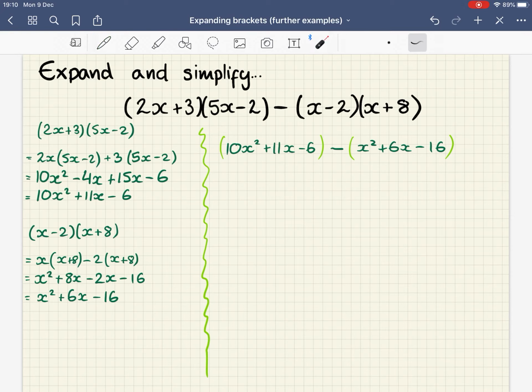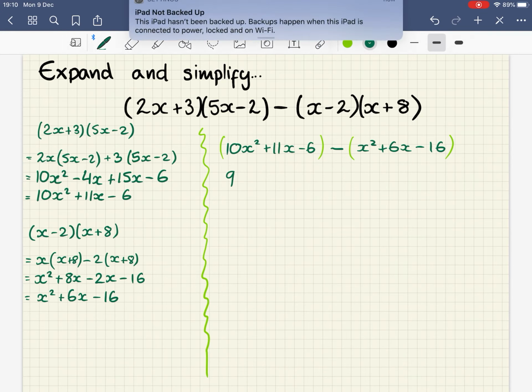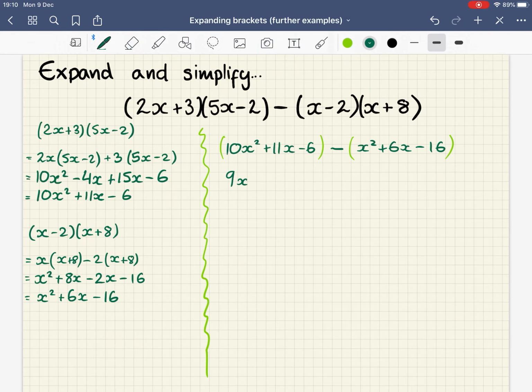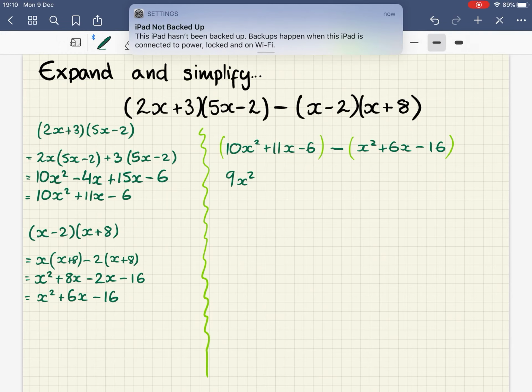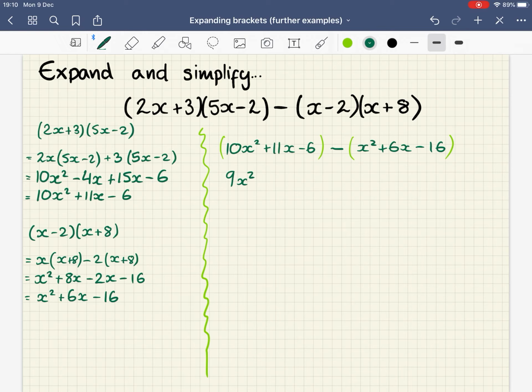So I've got 10x squared, take away x squared. So that's going to be 9x squared. Then I've got 11x, take away 6x.